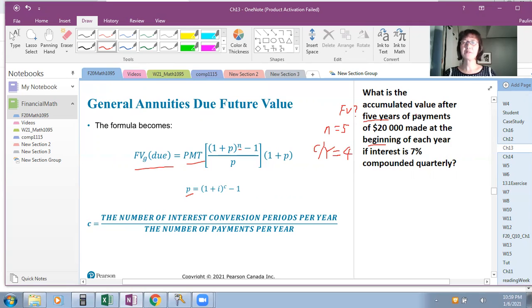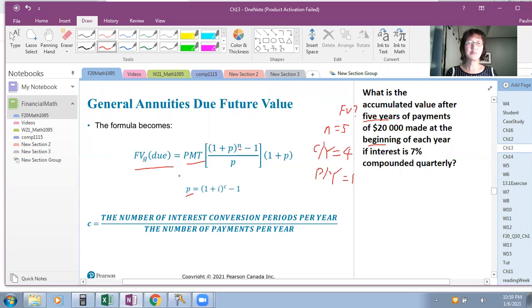And you make payment every year, so PY equals 1. One year, you make 1 payment. So I will present 3 methods: 1, formula; 2, calculator; 3, Excel. Let's do the formula method first.